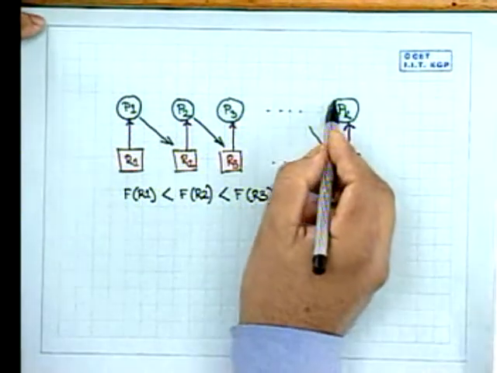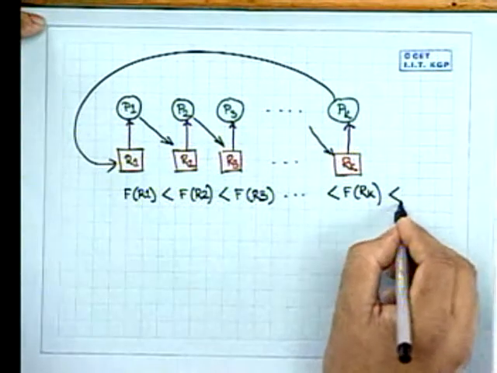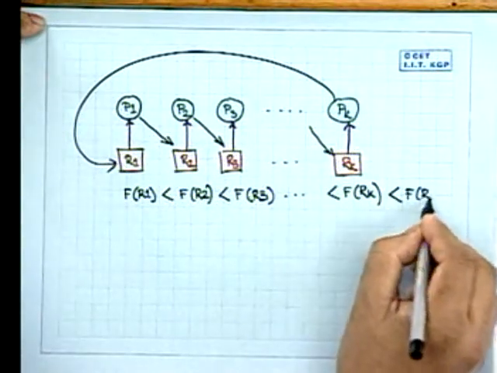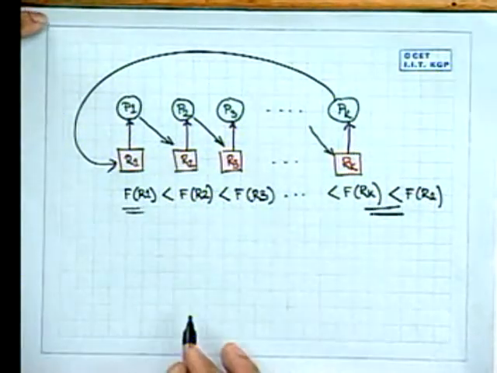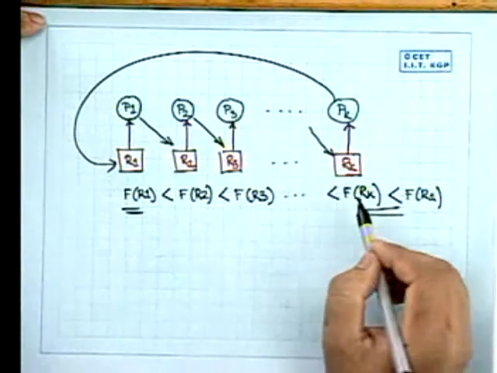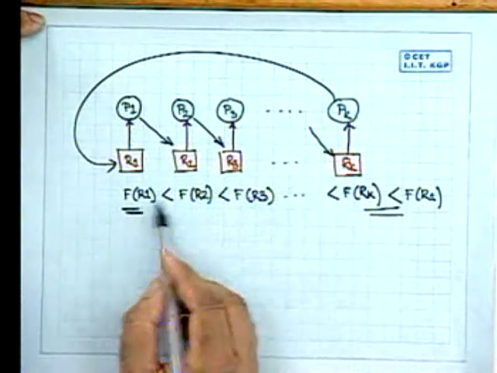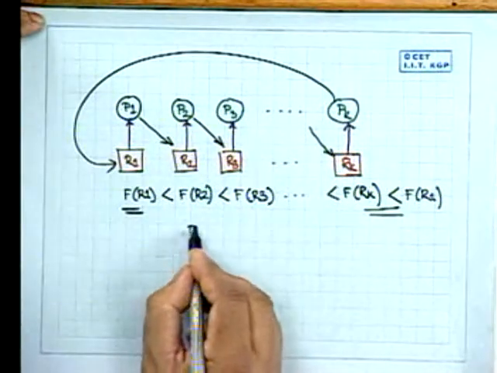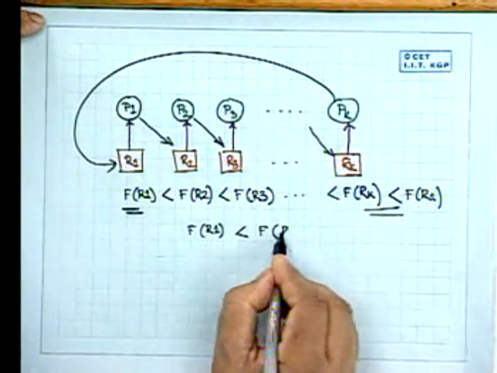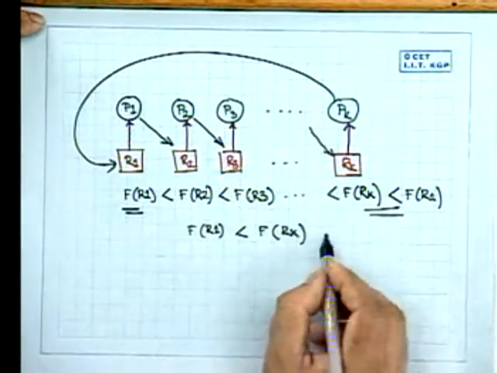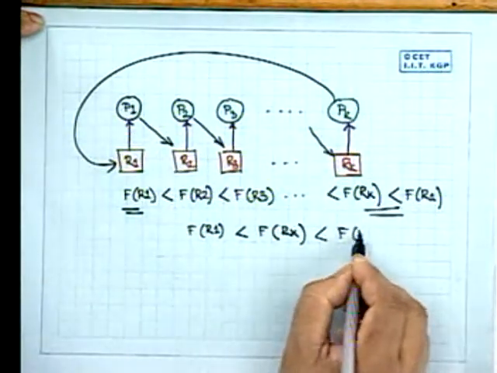If now Pk wants to request R1, then f of Rk must be less than f of R1, which is a contradiction, since by transitivity f of R1 is less than f of Rk.